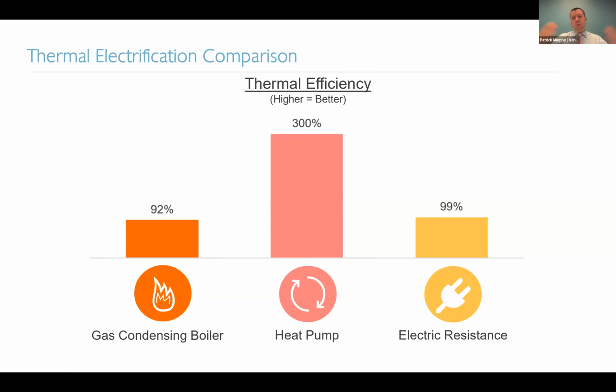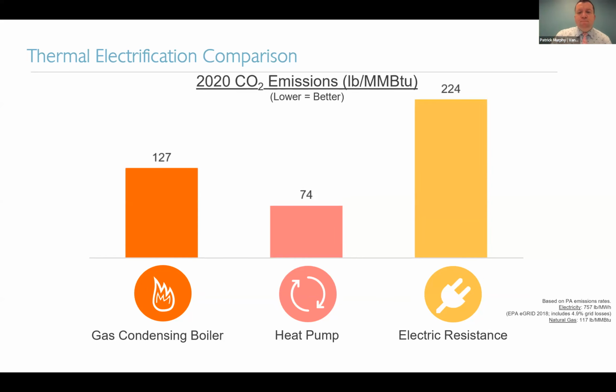It's absorbing more energy from other places and amplifying it. That's how you get those higher percent efficiencies. A heat pump could have 200, 300, 500, 600% efficiency, depending on a bunch of different factors. For this analysis, we're going to use 300 as an average.